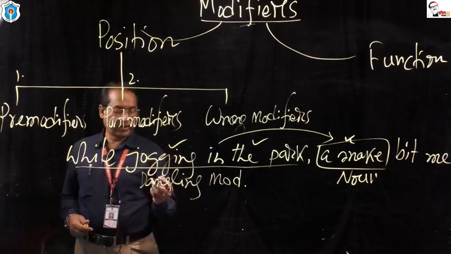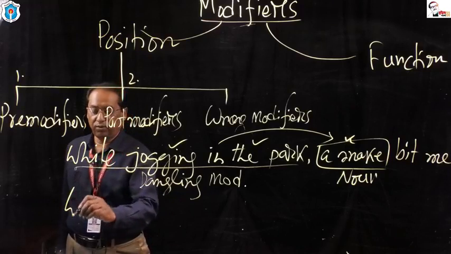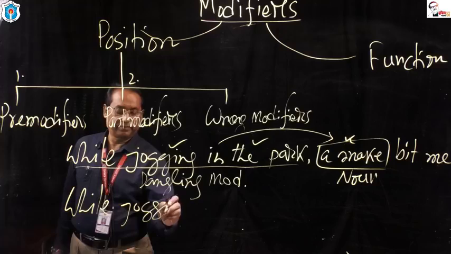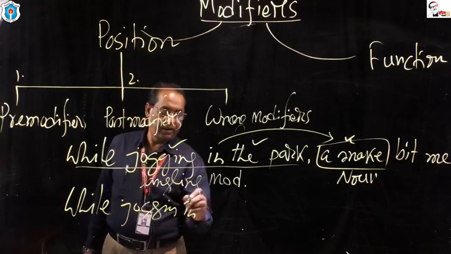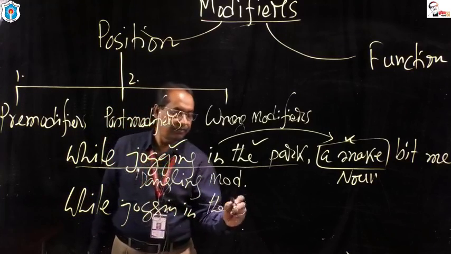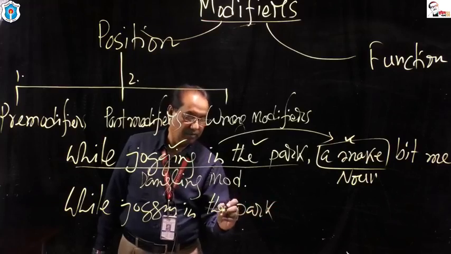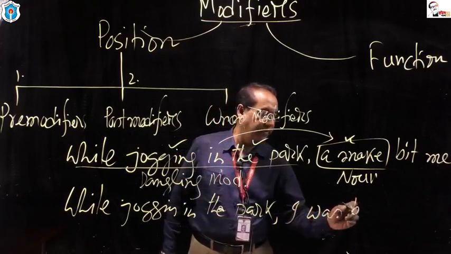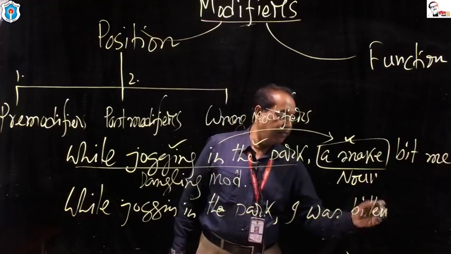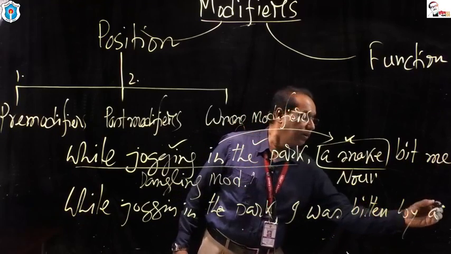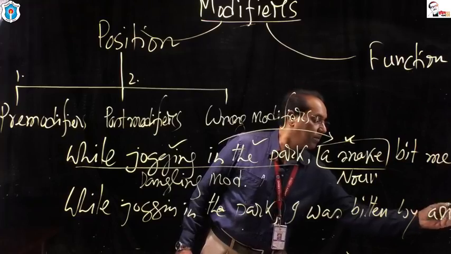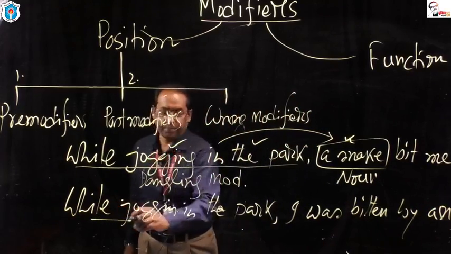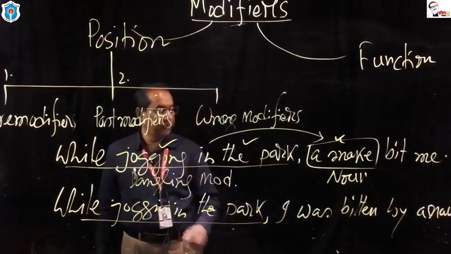বাট এটাকে যদি আমরা কারেক্ট করে লিখি তাহলে কি হতো? আমরা এখানে লিখব: while jogging in the park, I was bitten by a snake. Now look, while jogging in the park, it is the modifier.